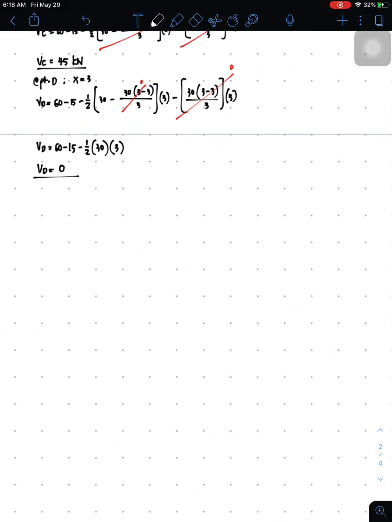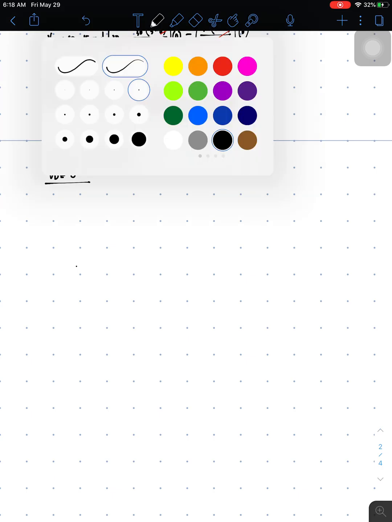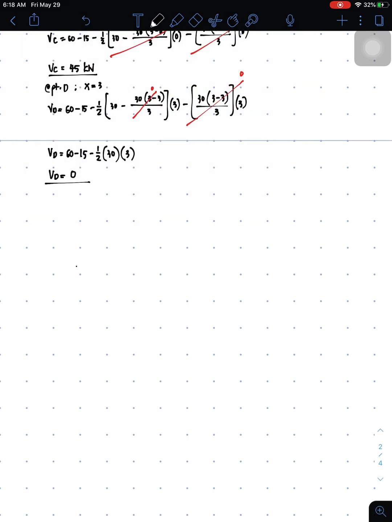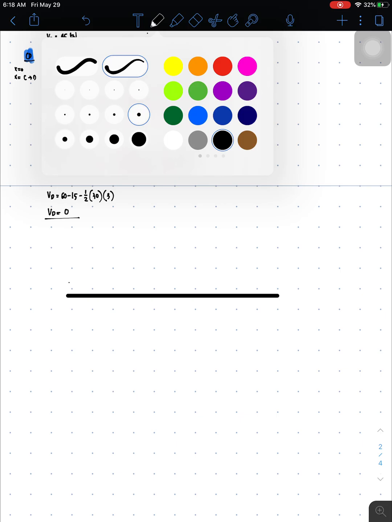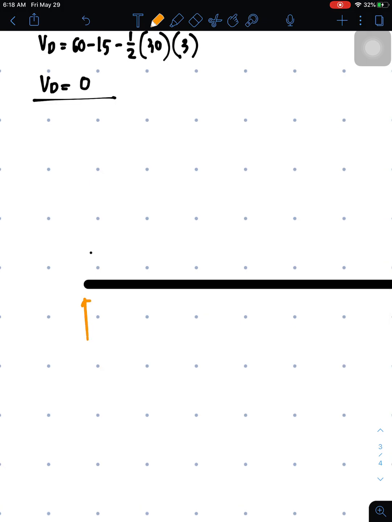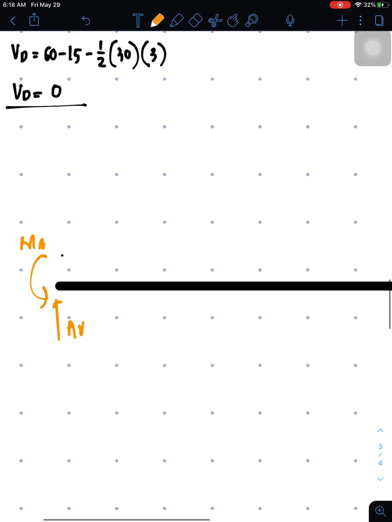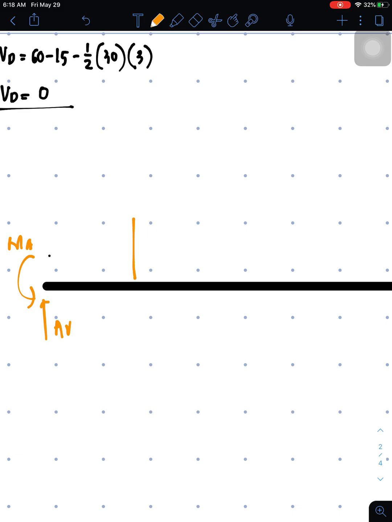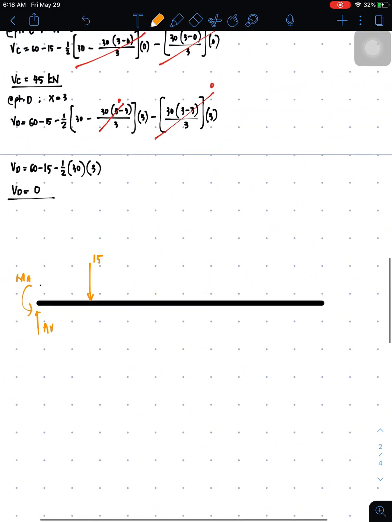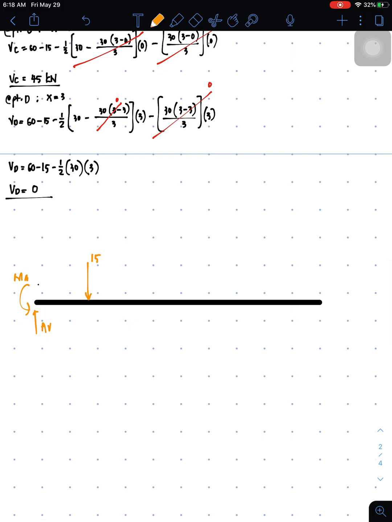Let's draw it here. Okay, do not forget that you have the reaction VA here. Then you also have MA. Then you have 15, and then you have 30.